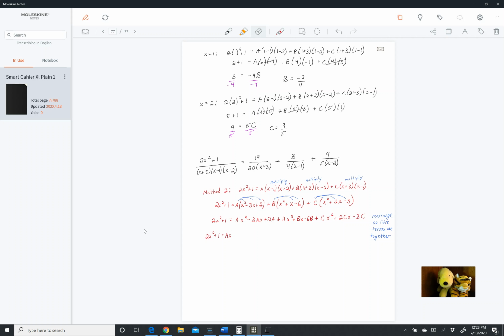The ax squared plus bx squared plus cx squared. Then we have negative 3ax, plus bx, and plus 2cx. And then we have our constants. So our constants are 2a minus 6b minus 3c. And we're just going to group these together and factor. So we're going to factor out x squared.